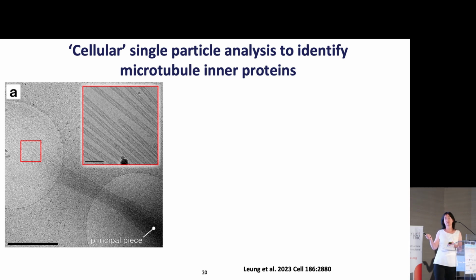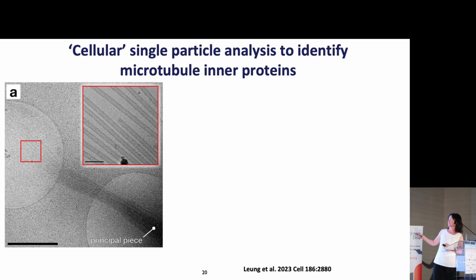This is all done on SerialEM, because the sample is not everywhere; the whole cell is still here, so we will not have our sample everywhere. So it's much more time-consuming in terms of data collection, but very rewarding, because now we got to a resolution where we can resolve the structure to better than 3.5 angstrom.